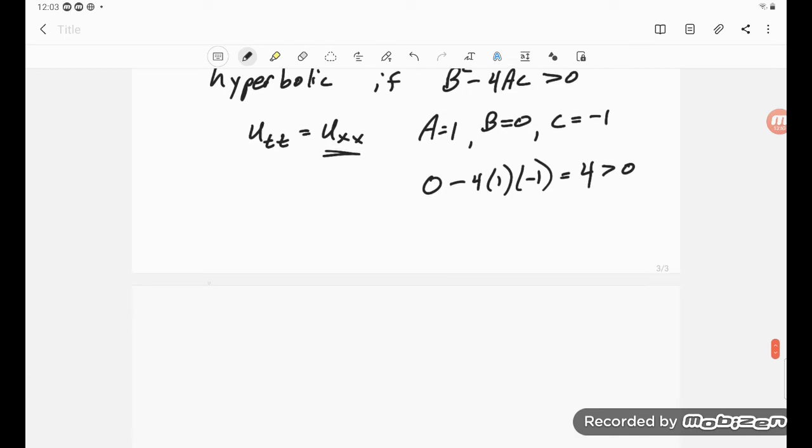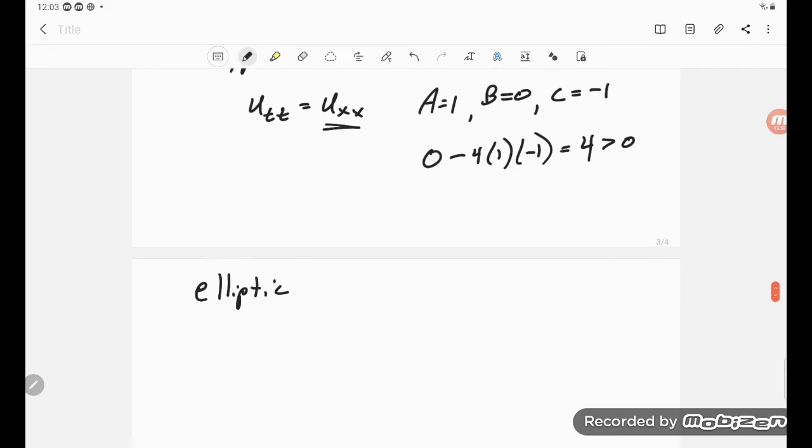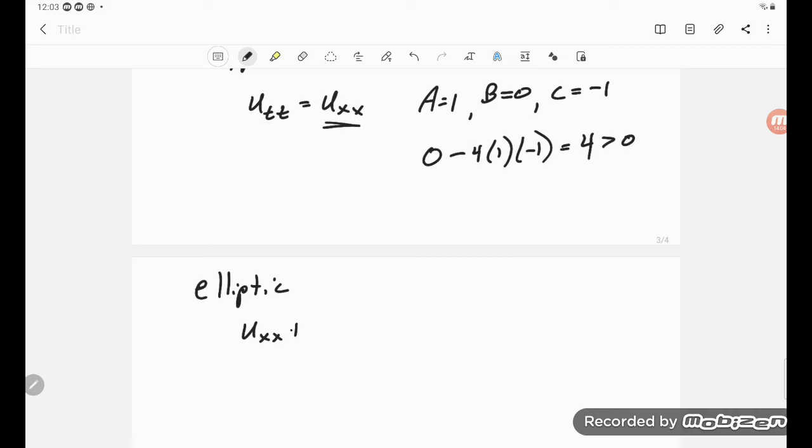And then elliptic, that would tend to be something like, we'll now change to 2 space variables and write it this way. But we see here then that A would equal 1, B would equal 0, and C would equal 1.